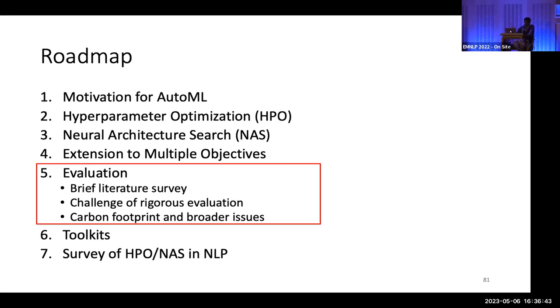Then I'll explain why it's so hard to do rigorous evaluation and propose one way to do it. And finally, I'll talk about the carbon footprint. When you do these kinds of big AutoML runs, the carbon footprint could get pretty large. So that's also something to consider in your evaluation.